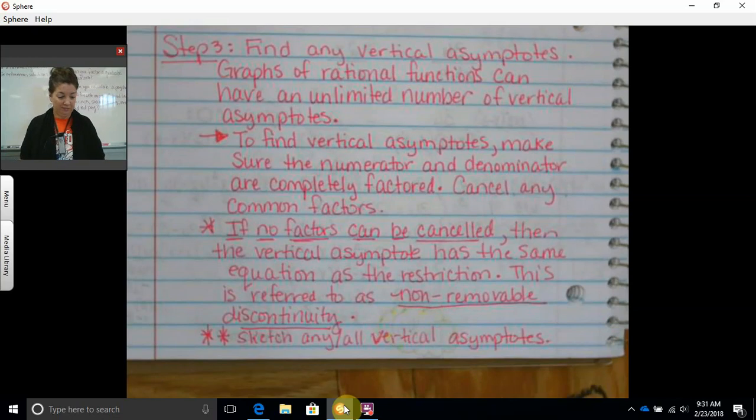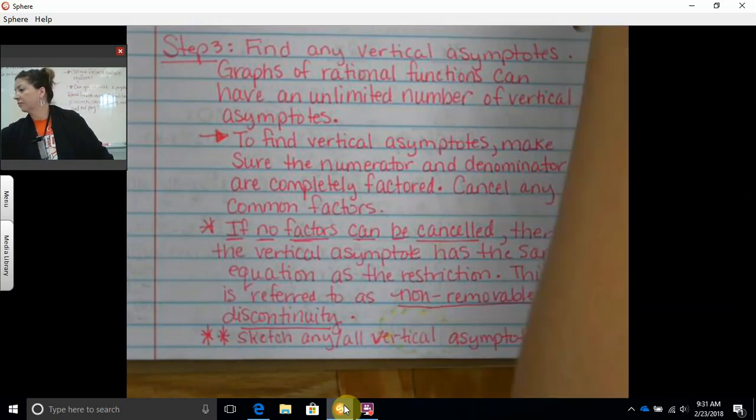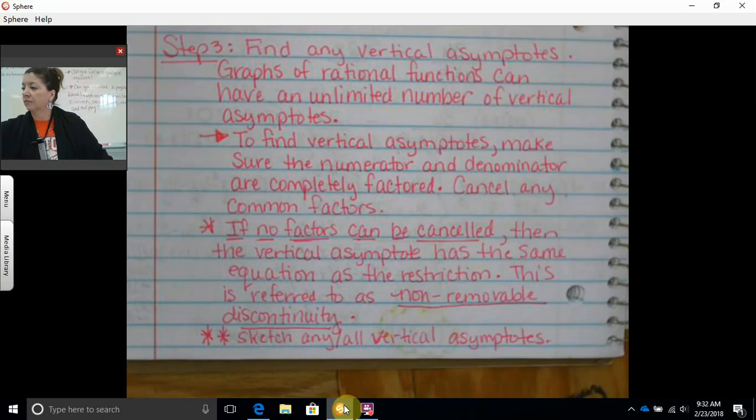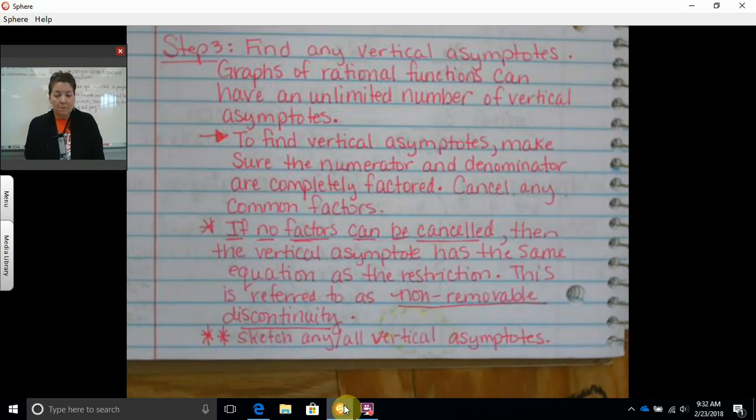I did a whole page. I think I still got a whole other page to go. Anybody still writing?